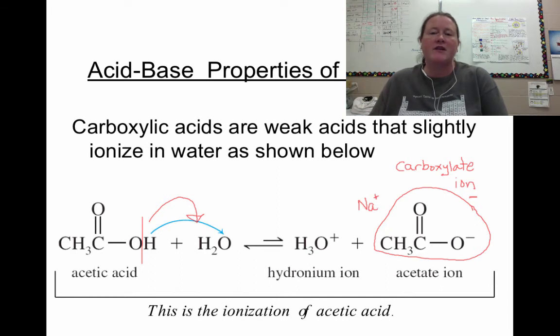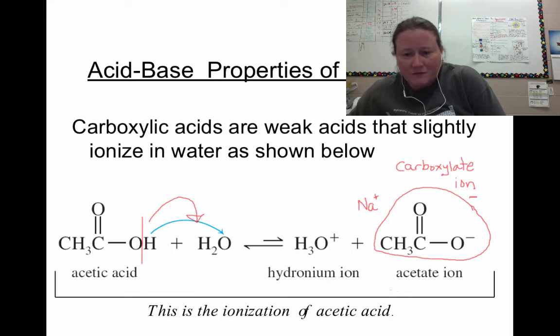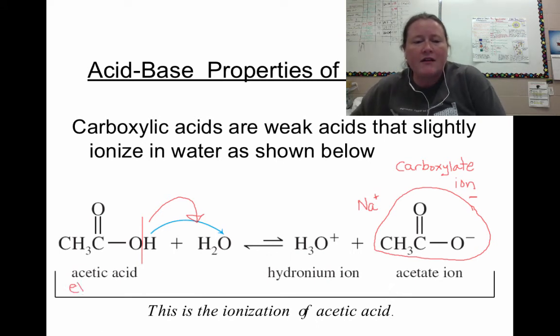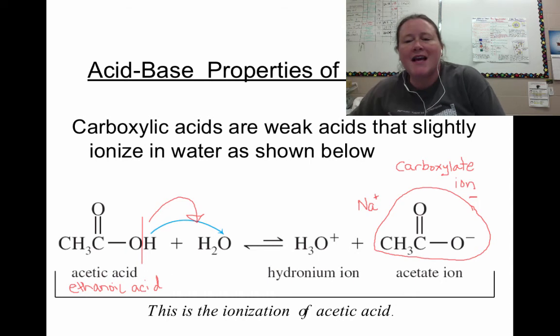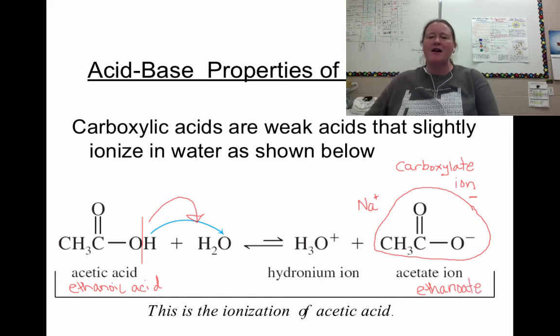In this case, it would be called sodium acetate. Since this is actually called ethanoic acid, the technical name of this would be ethanoate. So a carboxylate ion has the name of ethanoate.